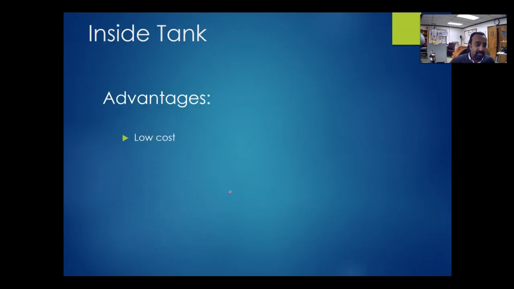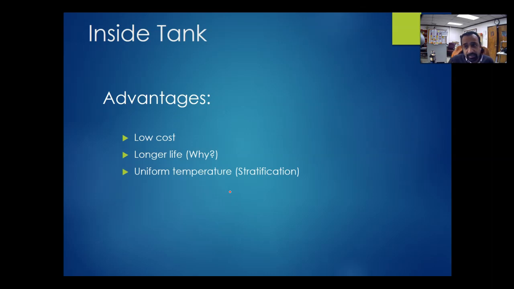Inside tanks have advantages. They are a little bit low cost. They can be fiberglass. They have longer life. Why? They are not exposed to the elements. They have uniform temperature because, again, they are inside, not outside. They are not subjected to a lot of variance in temperature or wind. Stratification means the layers of the oil.